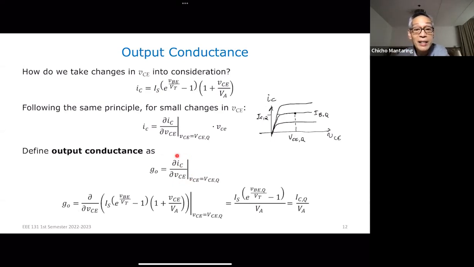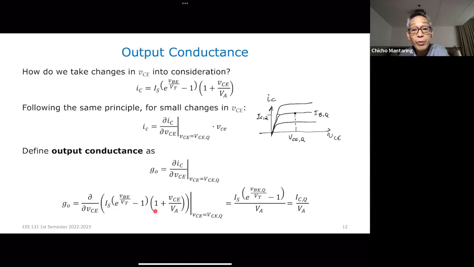This is again just an exercise in getting derivatives. So I differentiate this expression with respect to VCE. Notice that if I differentiate this expression with respect to VCE, then this thing is a constant, and therefore I can bring it out of the differentiation, because we're assuming that VB is a constant when we get the partial with respect to VCE.